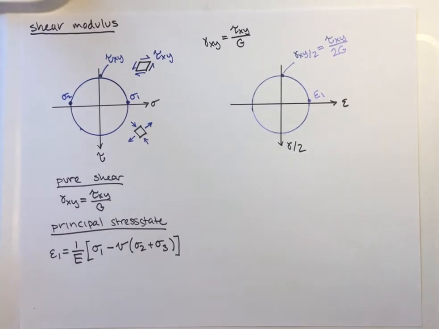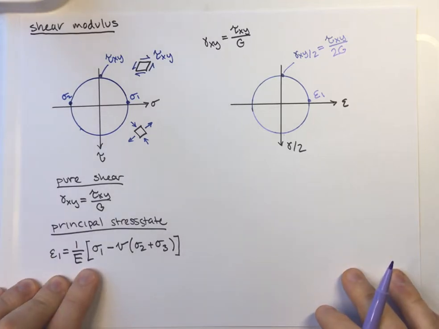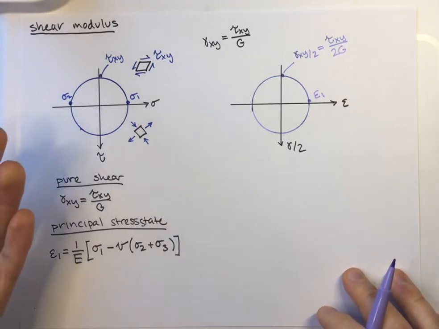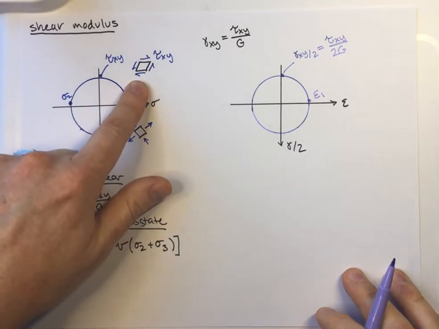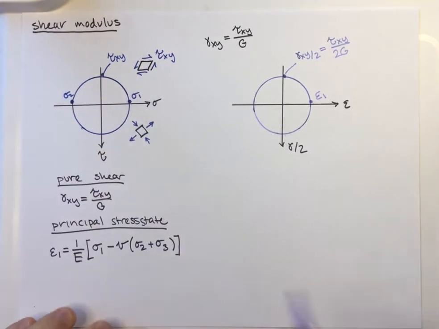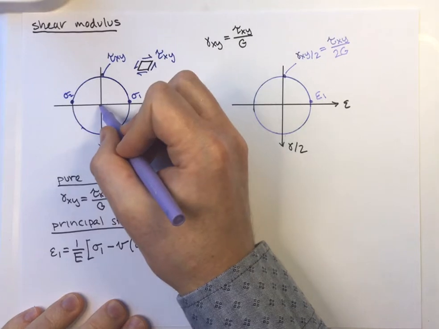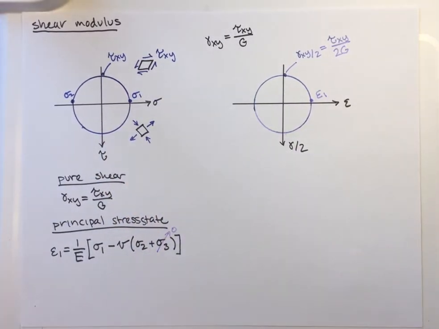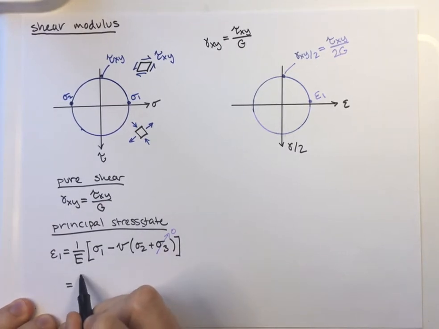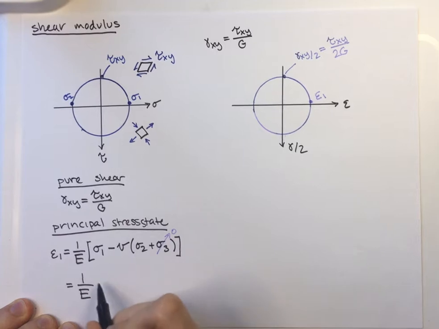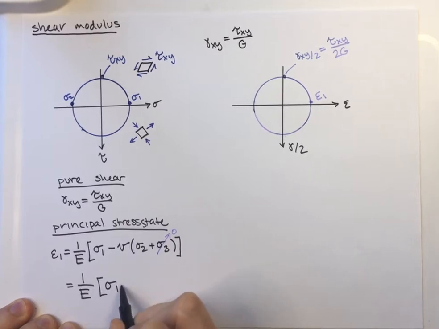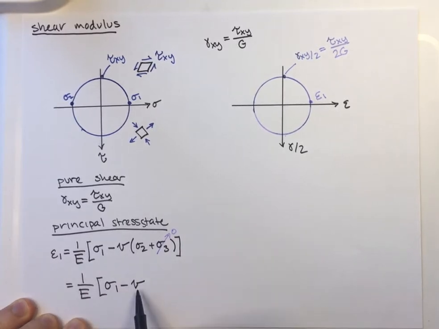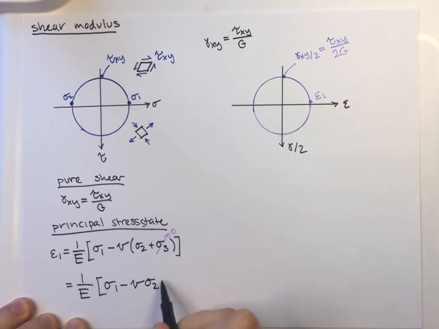If we think about our principal stress state here, just a 2D or pure shear, what is sigma 3 going to end up being? It's going to be in the middle. It's going to be 0. So we can get rid of that, and we can set this equal to 1 over the elastic modulus times sigma 1 minus the Poisson's ratio times sigma 2.